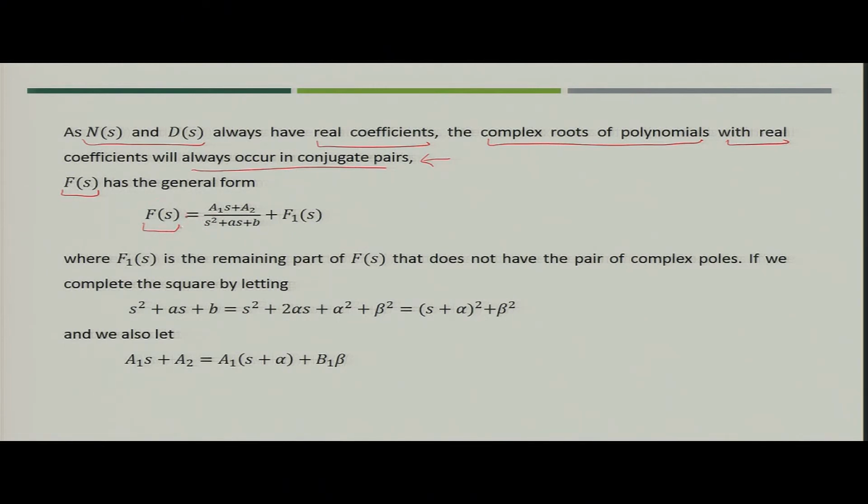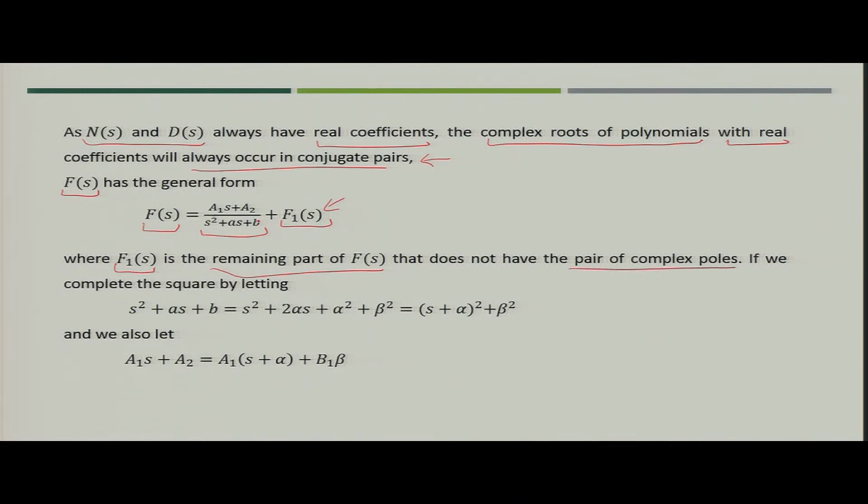You can decompose the F(s) function into two parts. First, the section where you have complex poles, represented as (a1 s plus a2) divided by (s square plus a s plus b), plus F1(s), where you do not have any complex poles. So, F1(s) is the remaining part of F(s) which does not have a pair of complex poles.